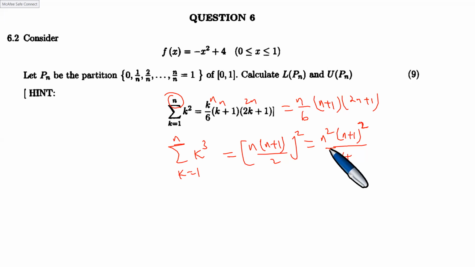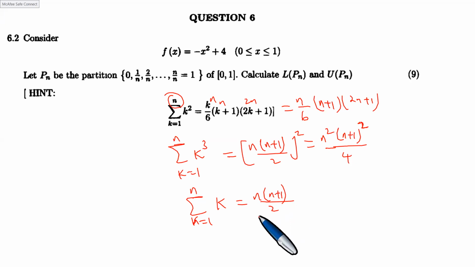So I'm just going to write these things here. The sum of k when k is 1 to n, we use this all the time. So this one is exactly n into n plus 1 over 2. So we have written this.